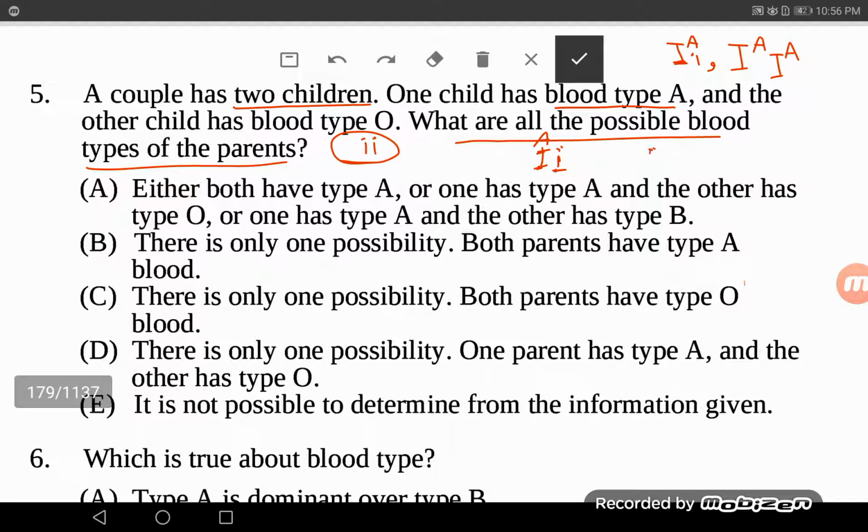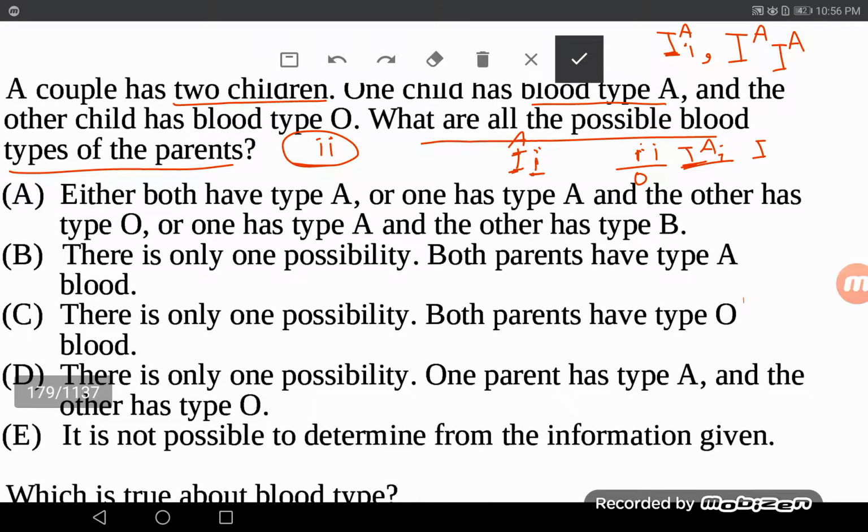So either the second parent will be O blood group, or A blood group, or maybe B blood group.